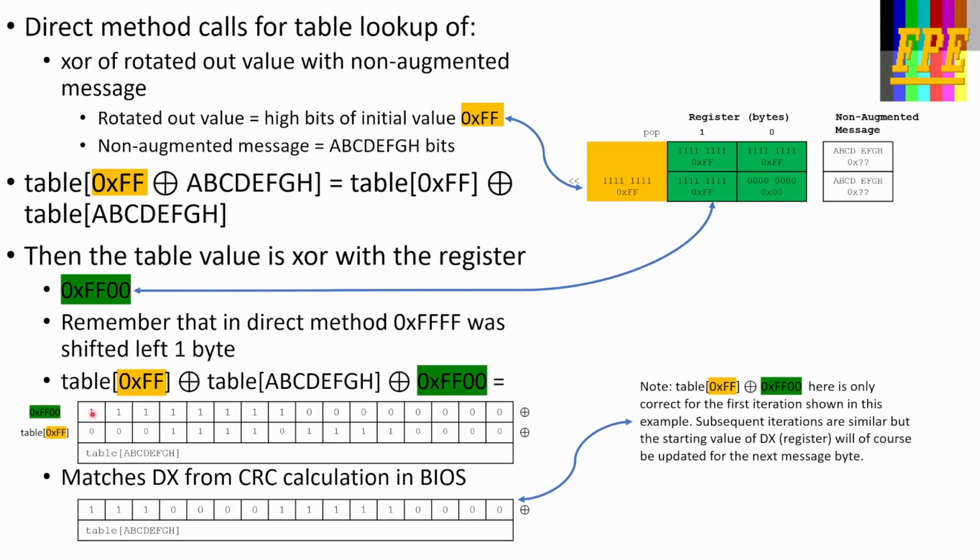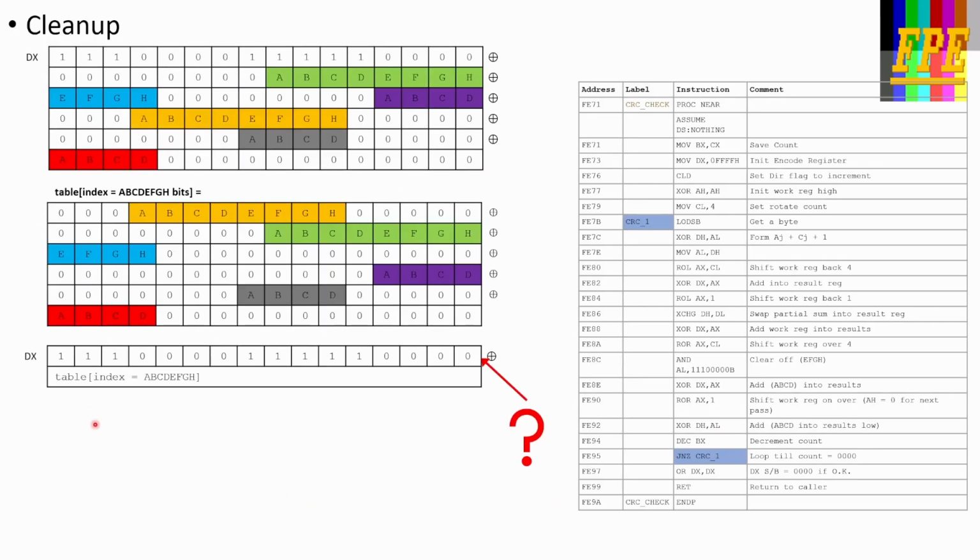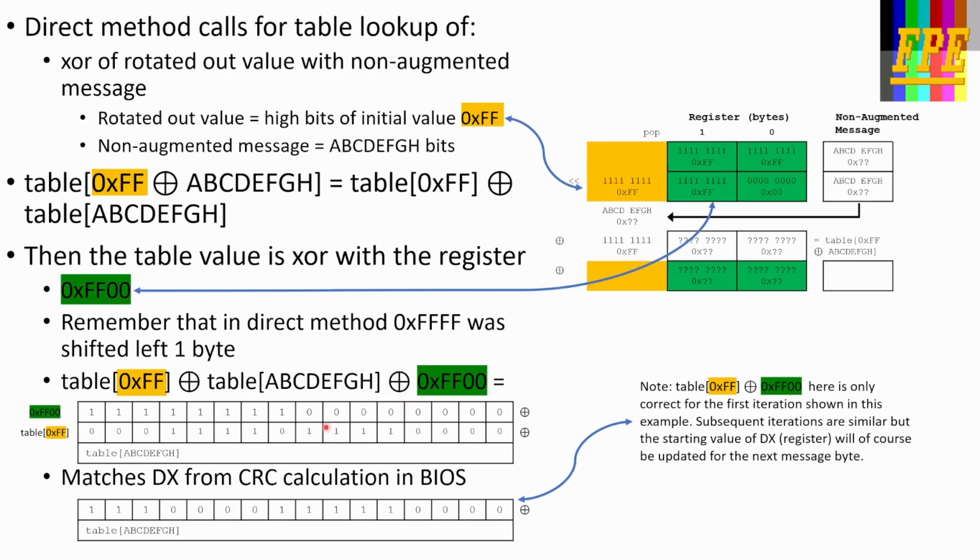So if we write that out, this is the FF00, this is the table at 0xFF, which you can use the previous method to determine, and you end up with this bit sequence, which is what we saw in the previous slide, the value that the table at the index is exclusive ORed with. So that's how that works. That's really what it's doing. On the right here, I have the same kind of buildup as I've shown before.